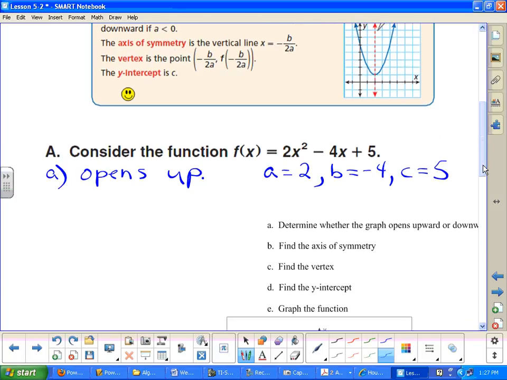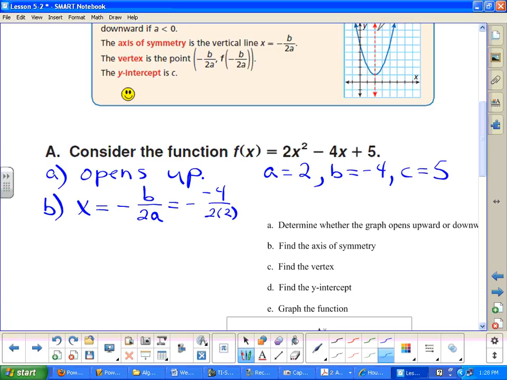Letter B, they want us to find the axis of symmetry. When it's in standard form, then, we're going to calculate negative b over 2a. And this part is very important because eventually when we're finding zeros, we use negative b over 2a as part of the quadratic formula. So we'll be using it then. We have the opposite of our negative. B is negative 4, and a is 2.